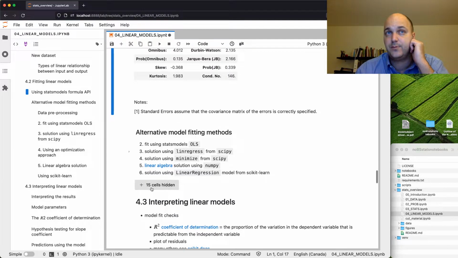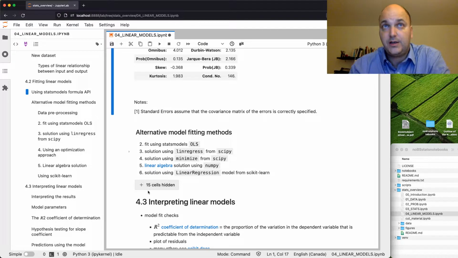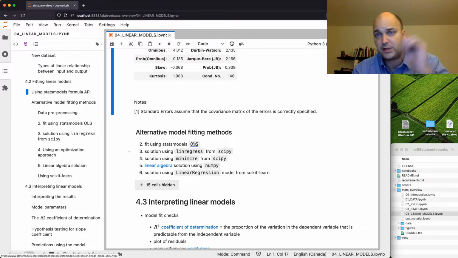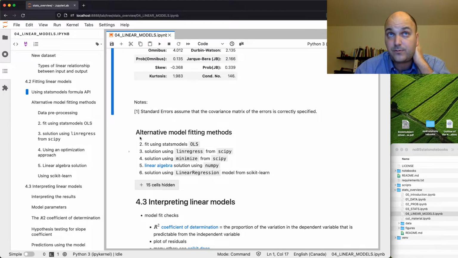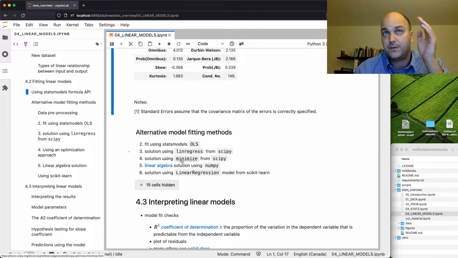Okay, so behind this cell, I've hidden a bunch of other ways. So this notion of finding the best parameters, beta 0, beta 1, there are at least 5 other ways to do this. You can use linear algebra, you can use scikit-learn.